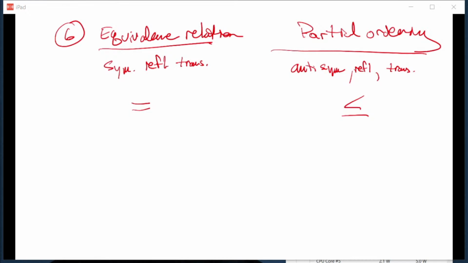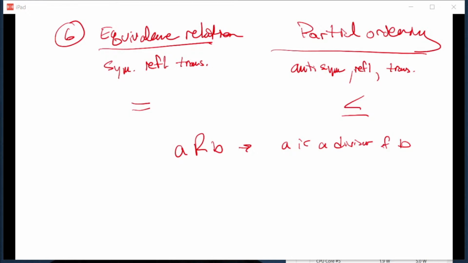For example, if A is related to B means that A is a divisor of B, then that's a partial ordering as well, because everything is a divisor of itself. And if you have one divisor of a number, like 6 is a divisor of 12, every divisor of 6 is also a divisor of 12, so you have transitivity.